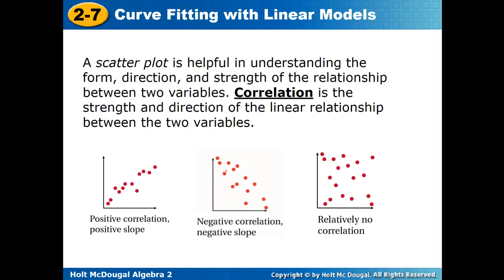When we look at this next one, you see that it tends to be going down like a negative slope, so that's called a negative correlation. It's called a correlation because it kind of is close. It looks like a bit of a line. It seems to be going up, and this one seems to be going down. But when you look at this one, there's really no correlation at all. So that's relatively no correlation.